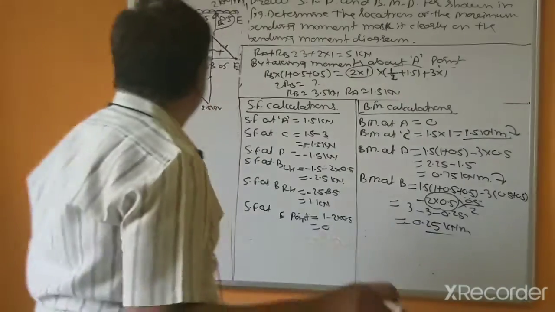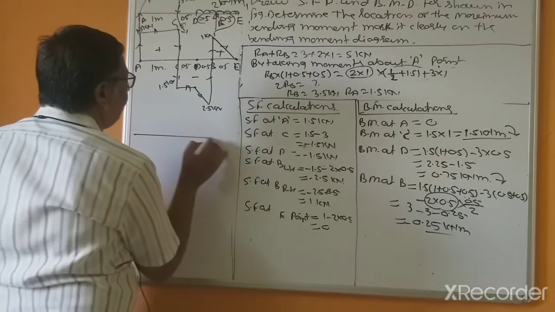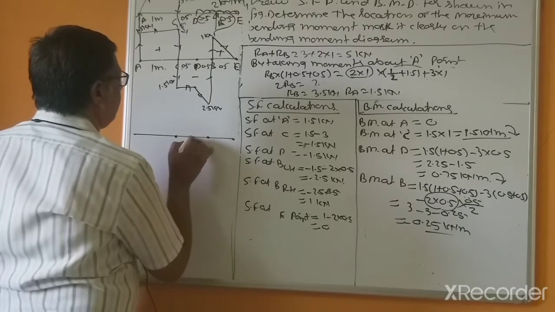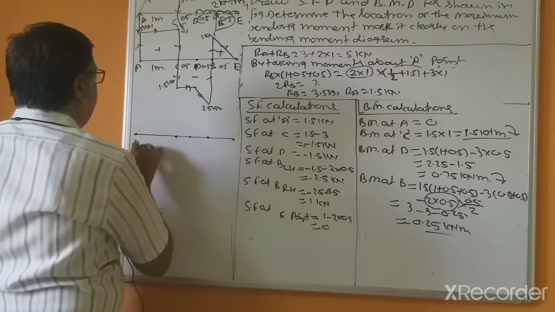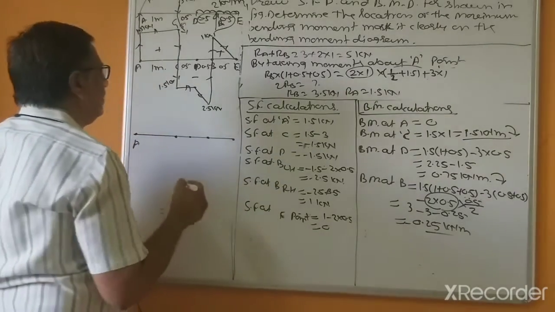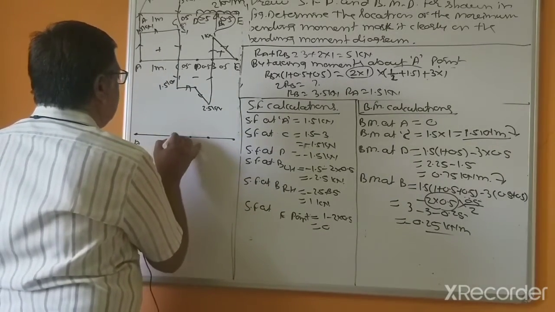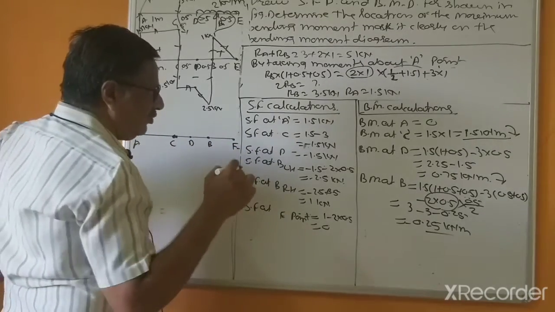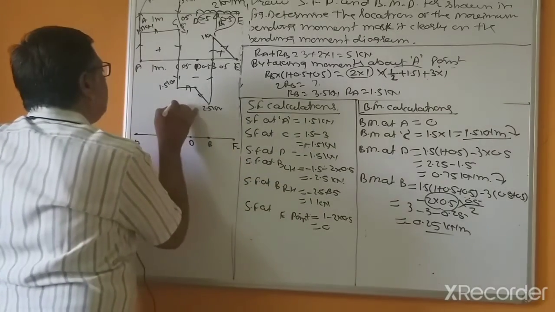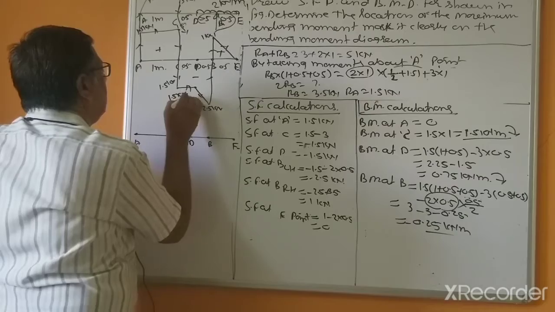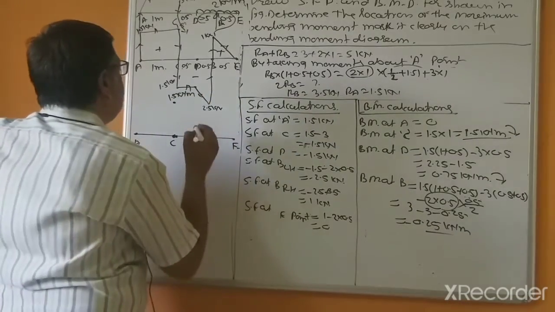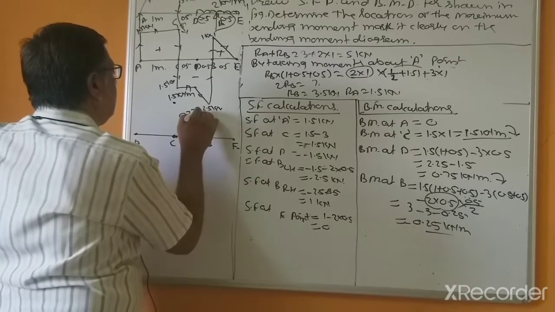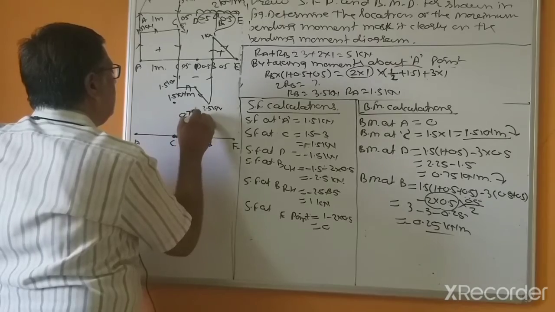Right. So that's why bending moment diagram: A point, C point, D, B, E. At C point 1.5 kilonewton meter. At D point 0.75 kilonewton meter.